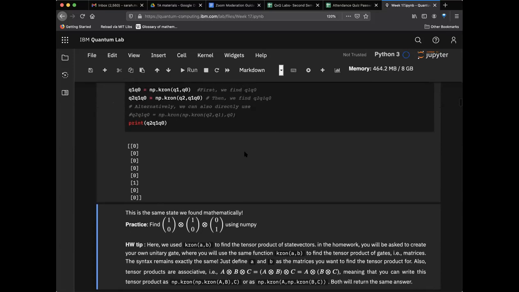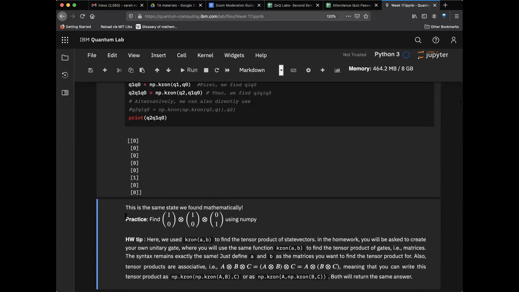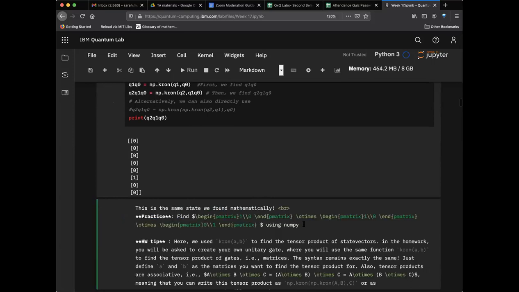And so now what I want you guys to do is practice finding instead the 0, 0, 1 state using NumPy.